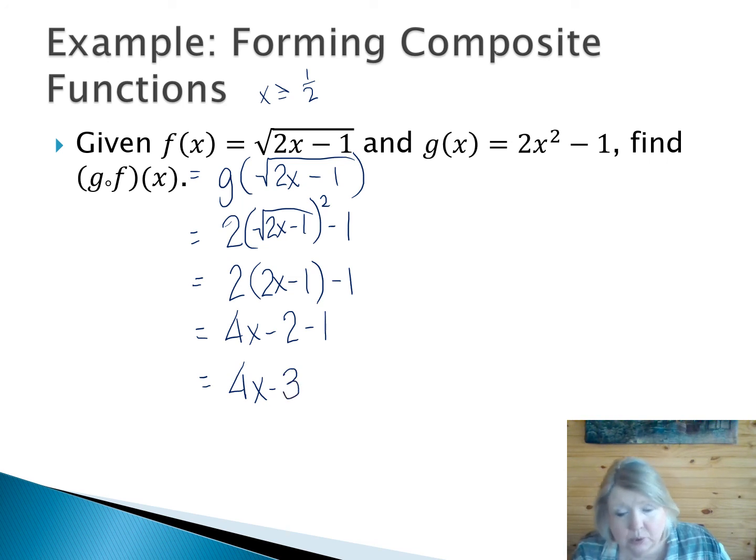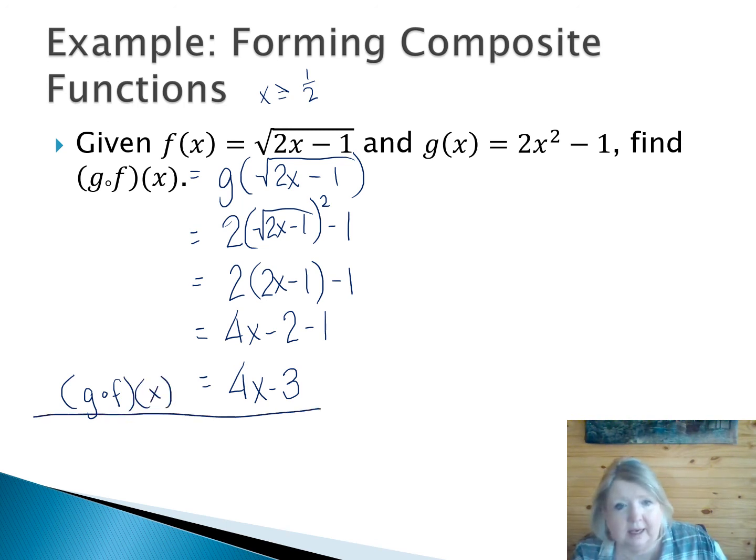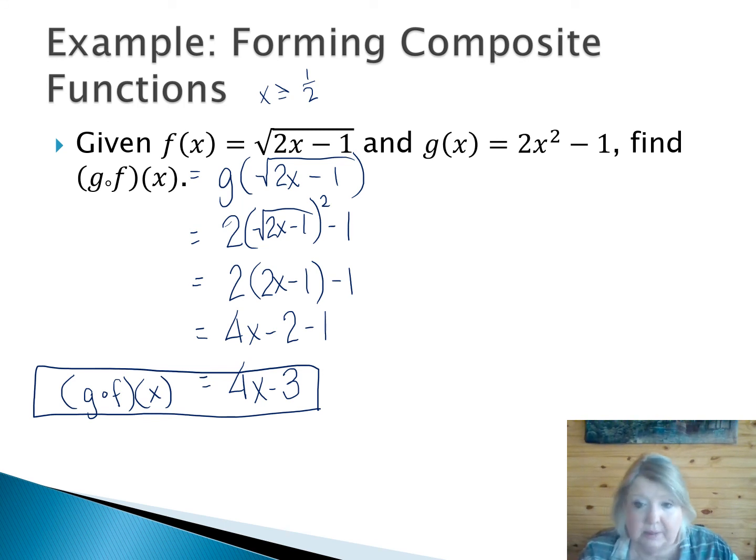Now, here's where the problem comes in, and this is why I did not do it initially. If I wait until the end and I have my answer and I want to state the domain now, I would say it's all real numbers, because that's a polynomial function and the domain for polynomial functions is all real numbers.